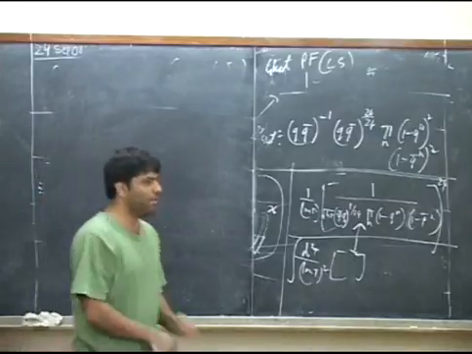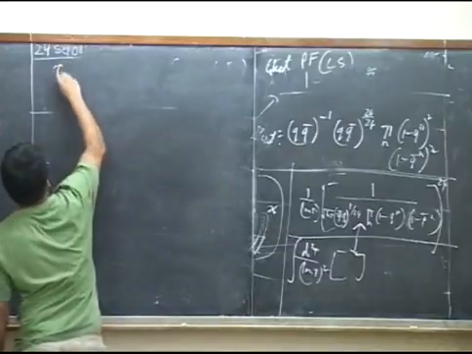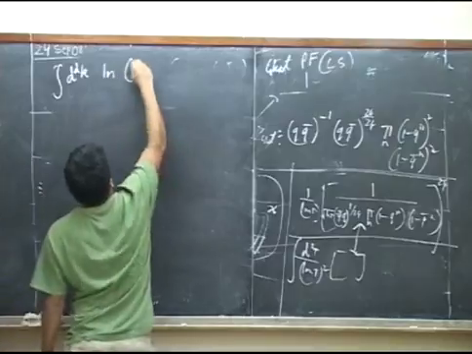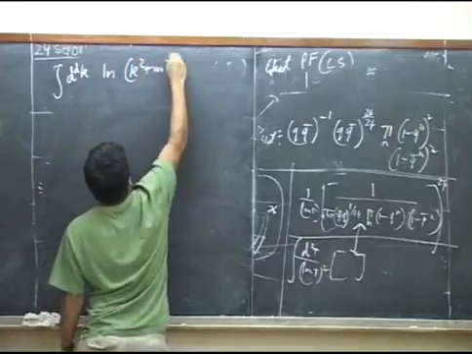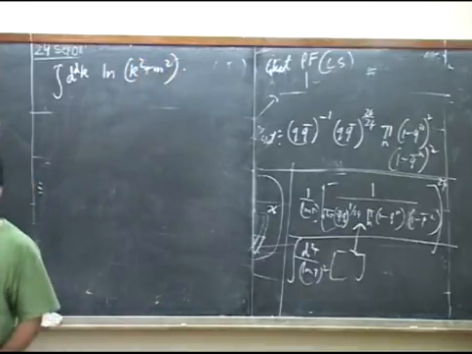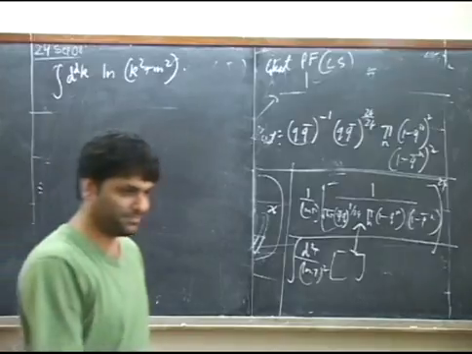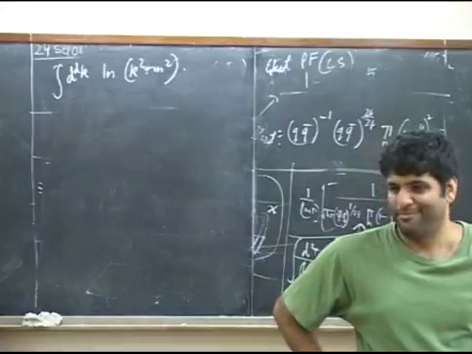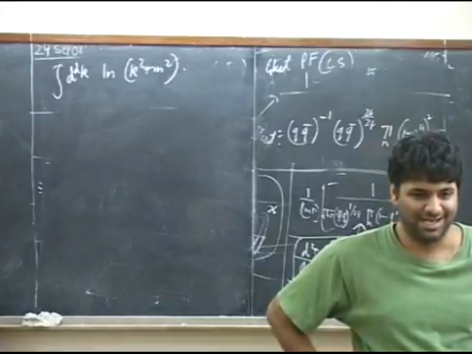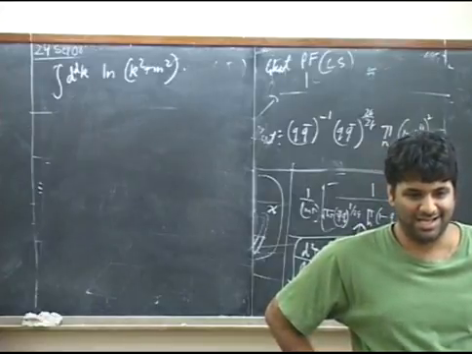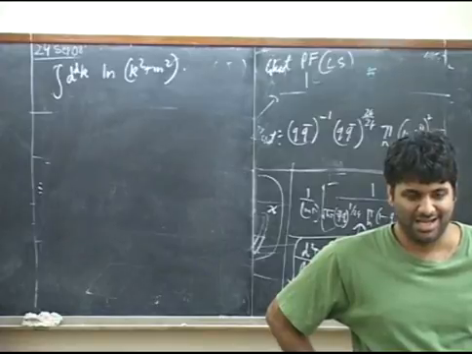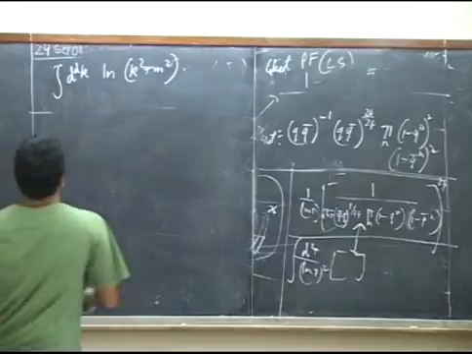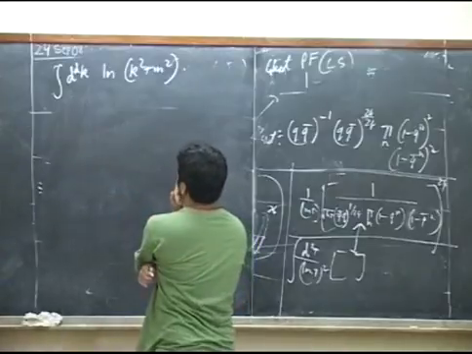Okay? So what do we get? What we want is to integrate d^dk of log of k squared plus m squared.